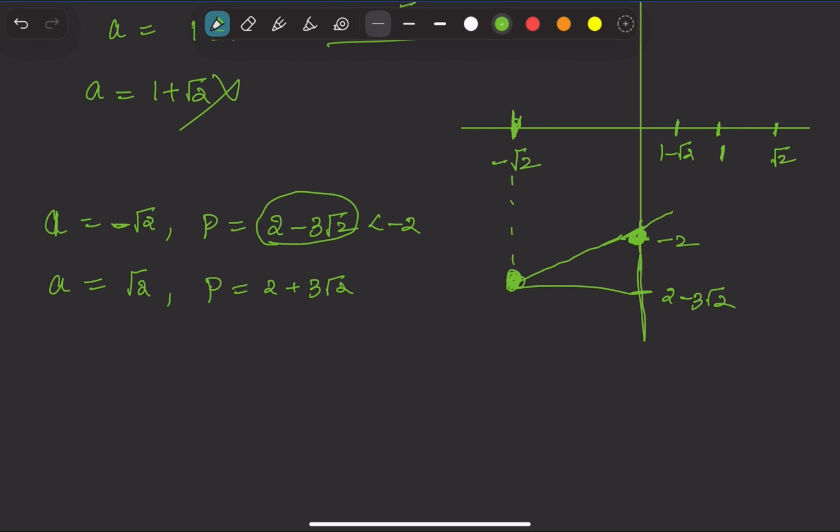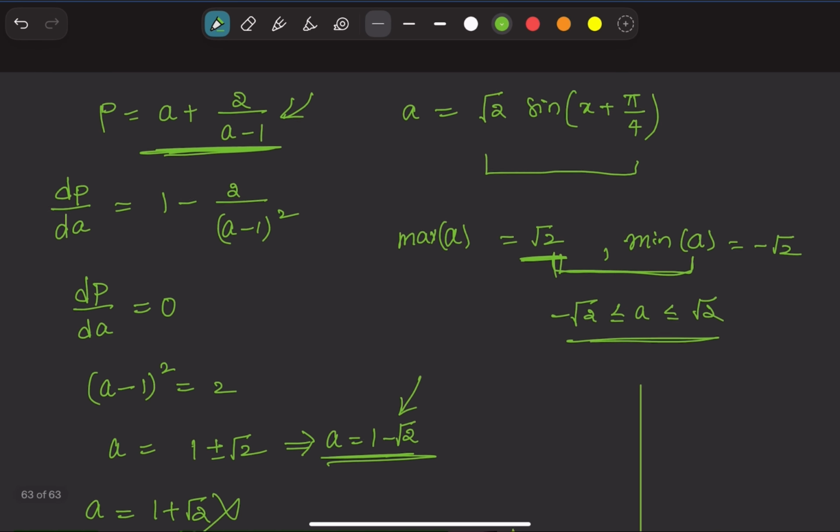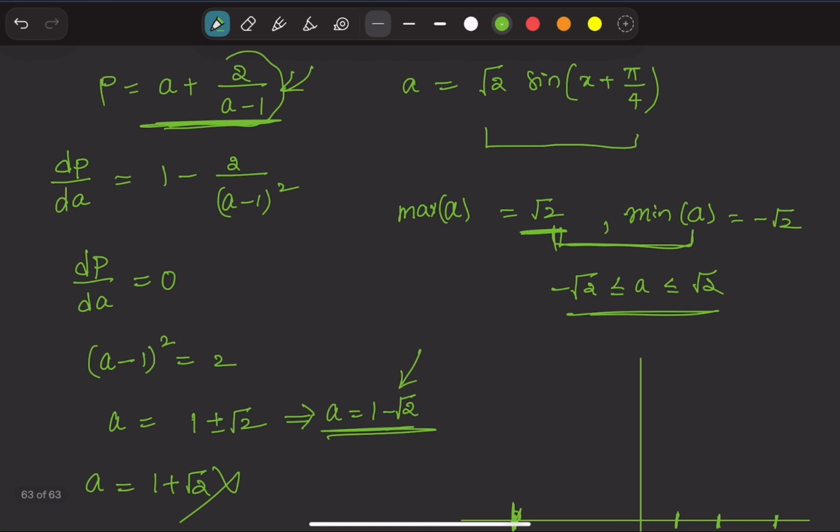And at A is equal to 1 minus root 2, it will come somewhere here. It is increasing. Alright. Now this is a turning point. After this, it should go down. So this point is 2 minus 3 root 2. So now it should go down. Where will it go? So to decide that, let us see. A is equal to 1.